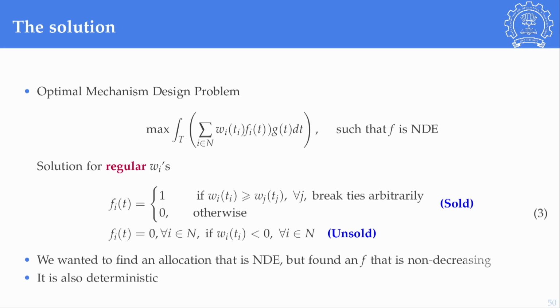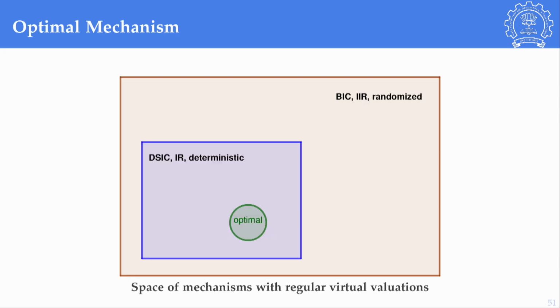Either I will not sell it, or I will sell it to exactly one agent. Our objective was, on this larger space, a BIC, IIR, randomized mechanism, and sitting inside this class is a possibly small class of mechanisms which are DSIC, individually rational, and deterministic. The optimal mechanism actually sits inside that.